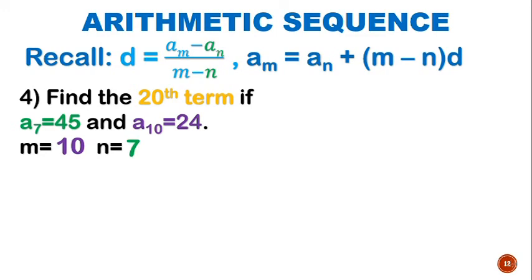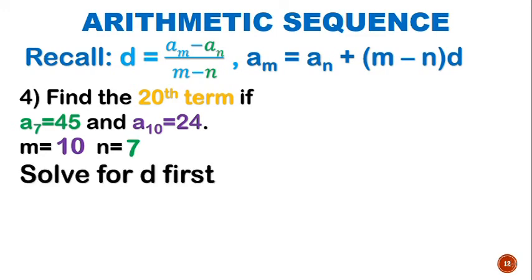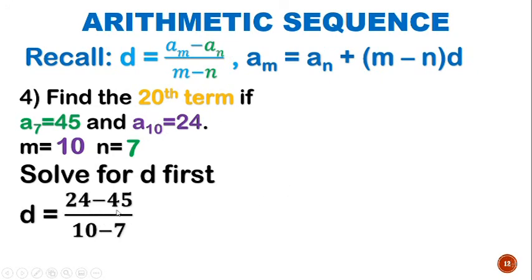So in this case, we have to solve for D. Substituting to this formula, you will have, what is A sub M? Okay, this is bigger, so, okay. So, 24 minus 45 all over 10 minus 7. 24 minus 45 is negative 21, while 10 minus 7 is 3. So, negative 21 divided by 3, that is negative 7. So, the value of D is negative 7.